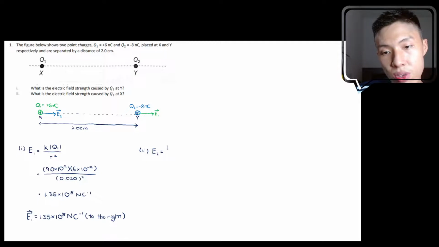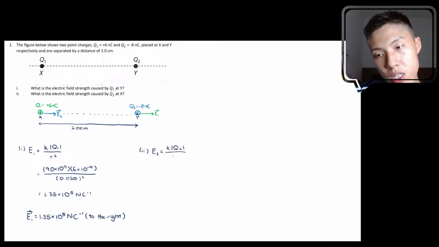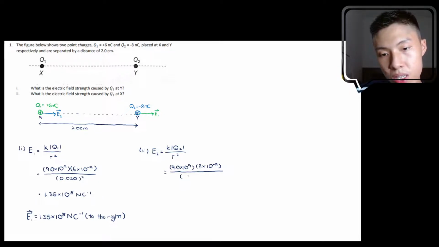So this one is kQ2, remember the modulus, over R squared. If you perform your substitution, Q2 will be negative 8 nanocoulomb, but you don't substitute in the sign, you just take the absolute value only. R is the same, 0.020.